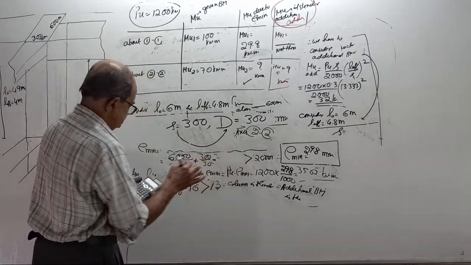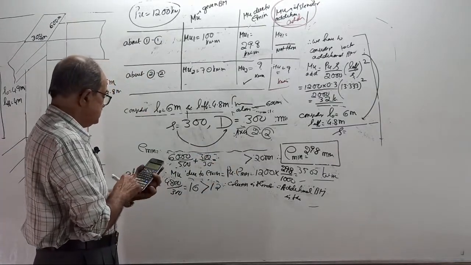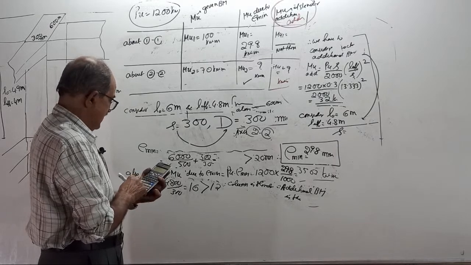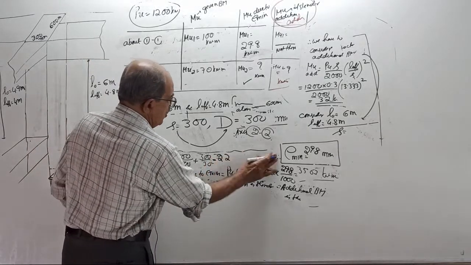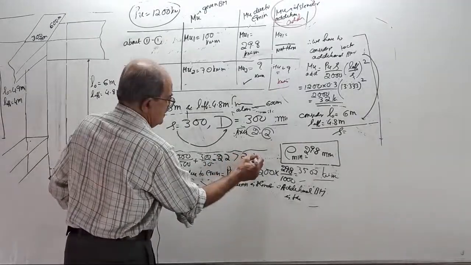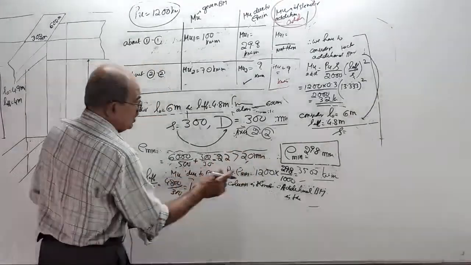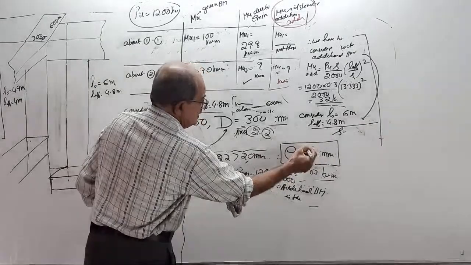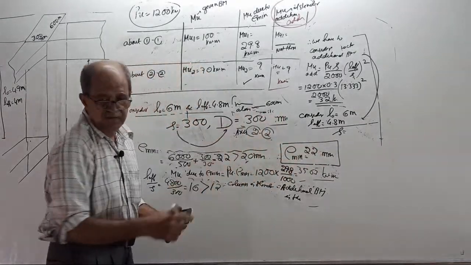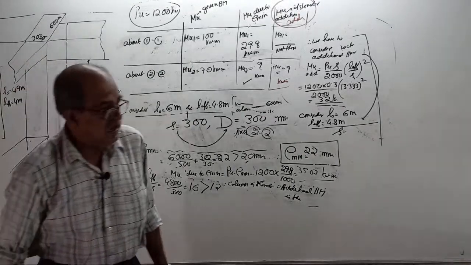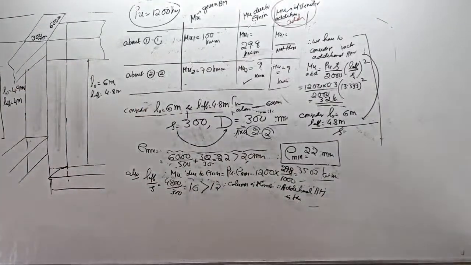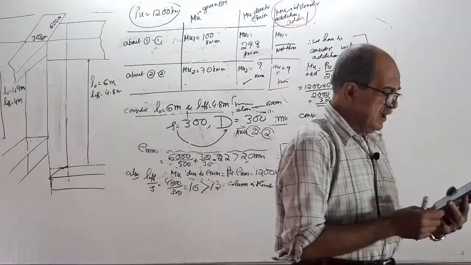It will come 6000 by 500 plus 10. It will come 22 millimeter, more than 20 mm. Therefore, the E minimum to be considered is how much? 22 mm. Correct answer? E minimum is 22 mm.